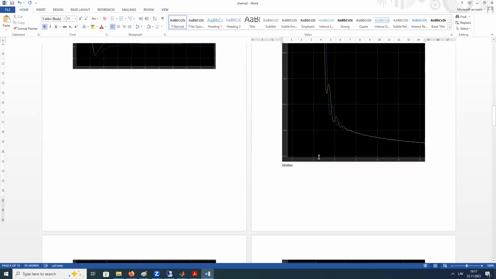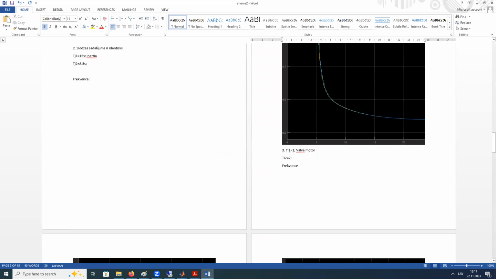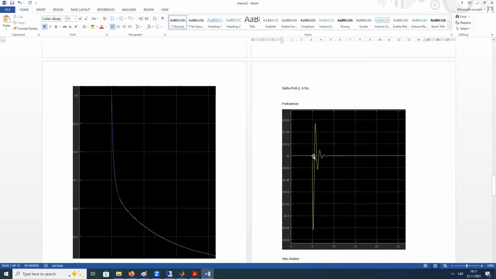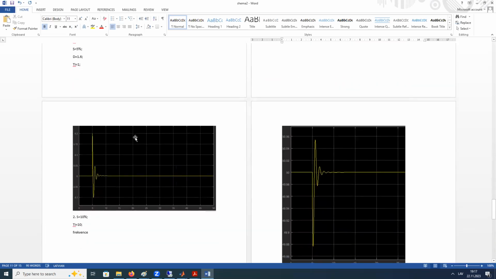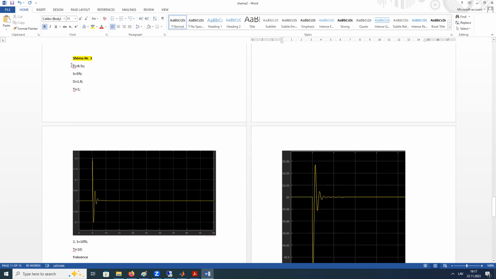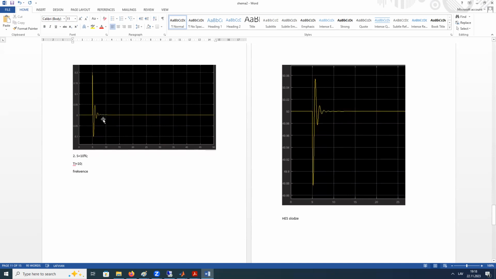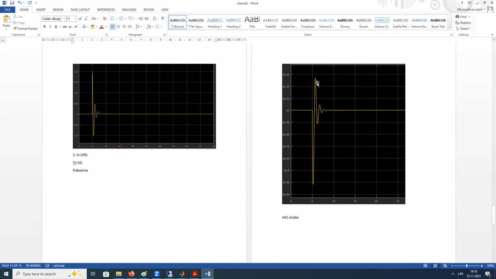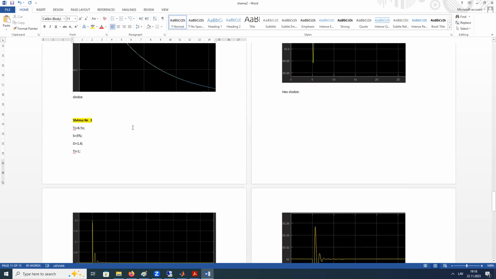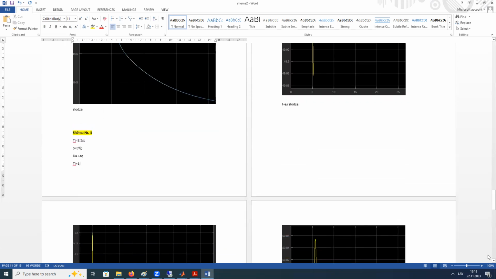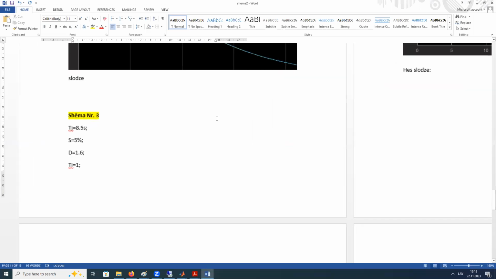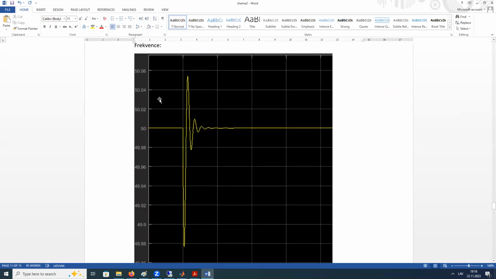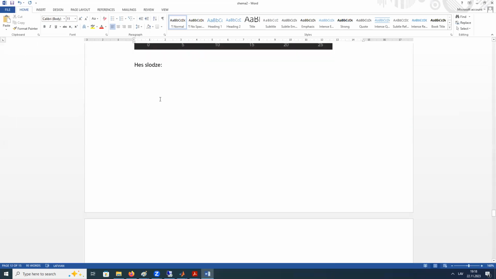And here for the scheme number 3, okay, where is it, scheme number 3. Okay, this is scheme number 3. Here we got different parameters, and here we could see the difference in fluctuation. Here we go, the frequency.